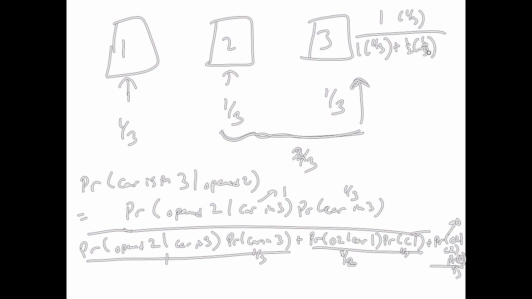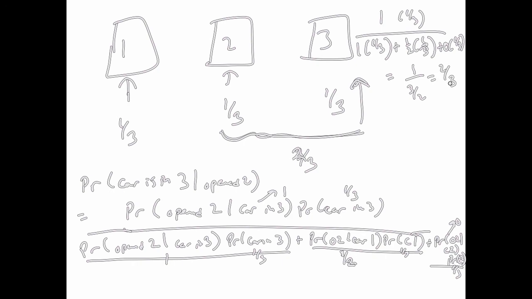If the car is behind 1, which you chose, he can open either 2 or 3 with equal likelihood, so that's 1/2, plus 0 times a third. He never opens a door with the car behind it, so if the car is behind 2, he would never open door 2. So the 1/3s all cancel. We get 1/3 over 1/2, or 2/3.